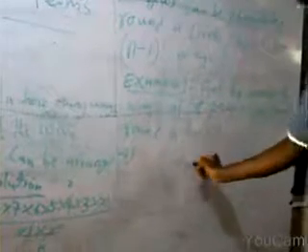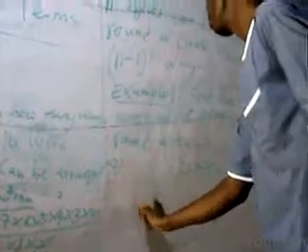So if you have 8 objects, of course, the solution is just as simple as that. 8 objects will now be what? 8 minus 1 factorial, and that is 7 factorial, and that is 7 times 6 times 5 times 4 times 3 times 2 times 1. And if you do it very well, you are going to have 5040 ways. So that is what we are going to have. I hope this is very clear.